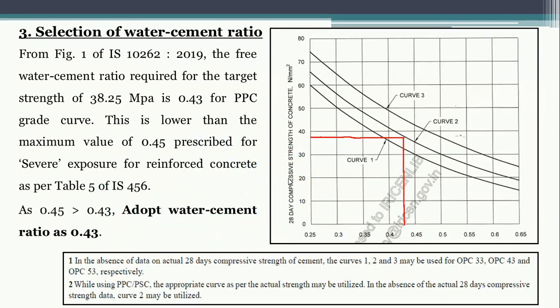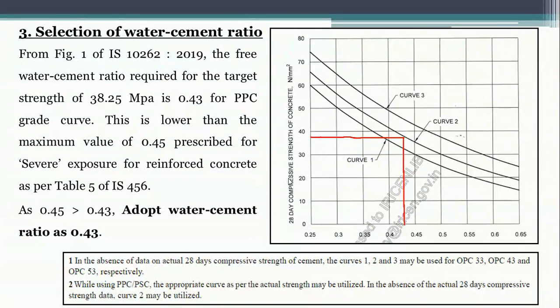Next, selection of water cement ratio. The target strength obtained is 38.25. Here you have to be careful. As I already told, in the previous three problems we were given OPC 43 or 53 cement, so it was easy, because curve 1 is for OPC 33, curve 2 is for OPC 43, and curve 3 is for OPC 53. I have given the screenshot at the bottom. None of the curves is given for Portland Pozzolana cement or Portland slag cement.